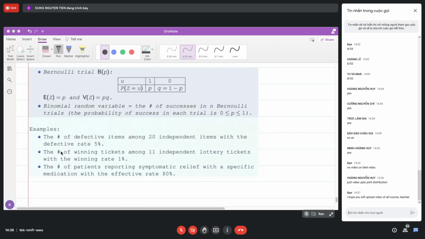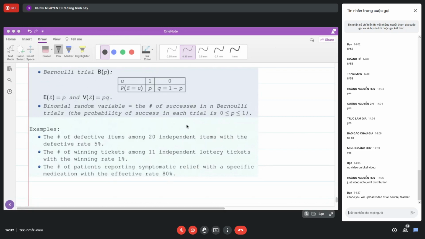Or you can count the number of winning tickets among 11 independent lottery tickets with the winning rate 1%. Or you can use binomial distribution to describe the number of patients reporting symptomatic relief with a specific medication with the effective rate 80%. Do you understand?